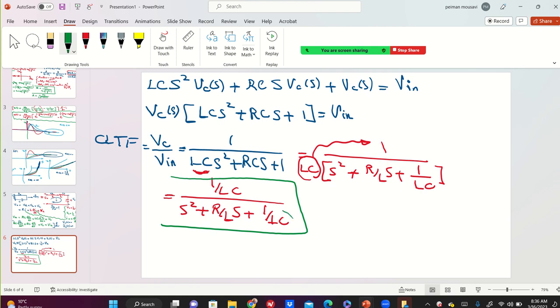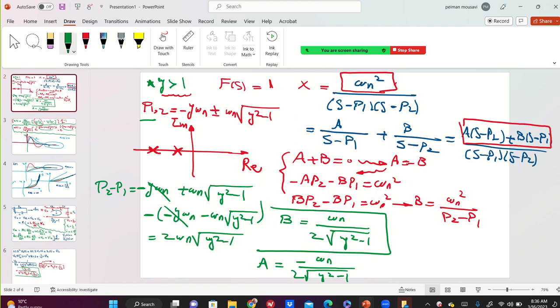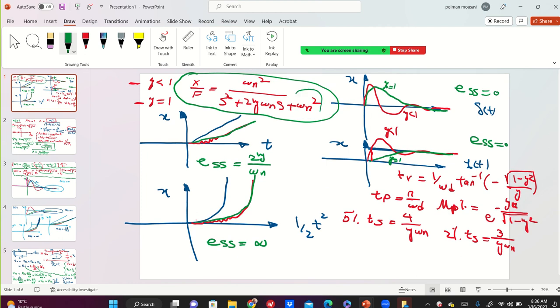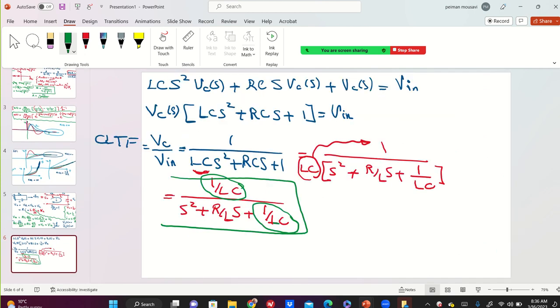So look at the mass spring damper second order system in general. What is this? 1 over LC. What is that? It's omega n squared.